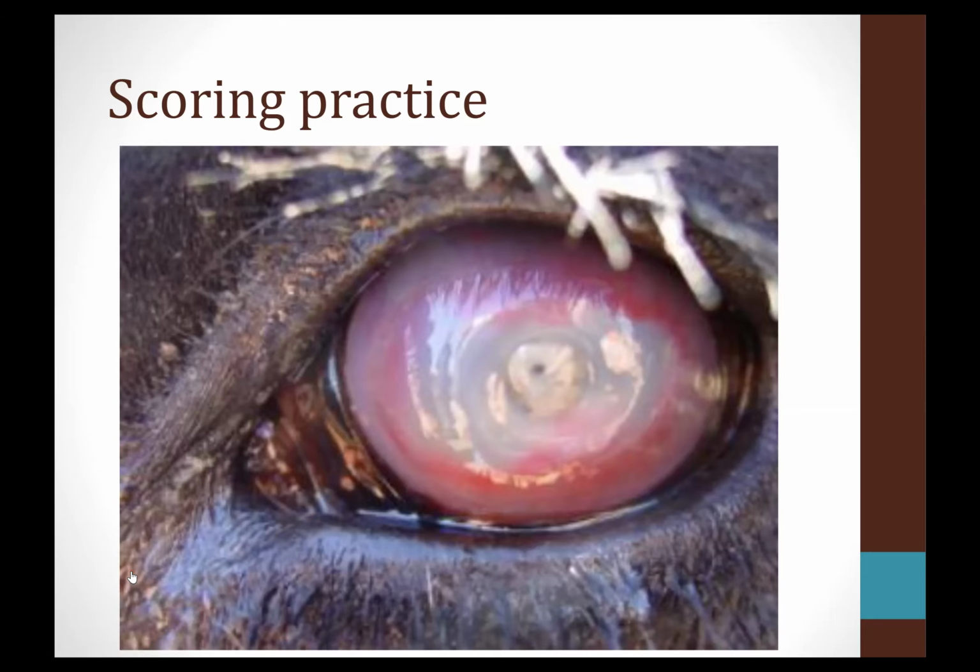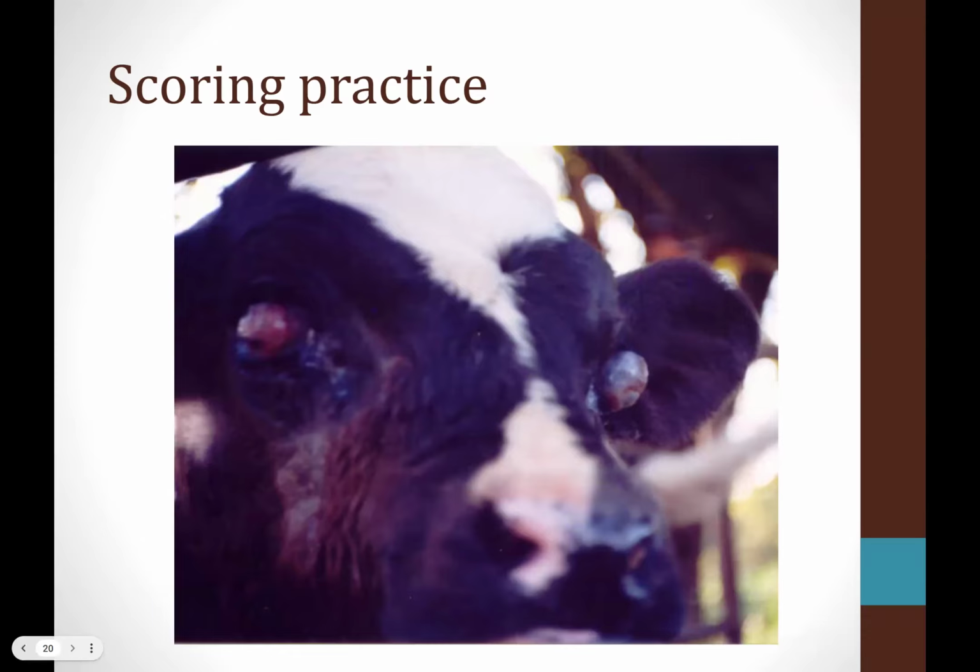So based on the stage, then you would know what to do, right? So what is the recommendation? For stage 3, we said we can give antibiotic, we can provide the injection, and then we can also cover the eye with the third eyelid. Okay, what about this one? What stage do you think this is?